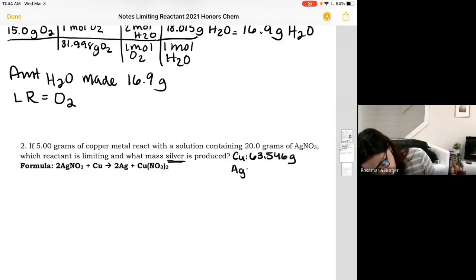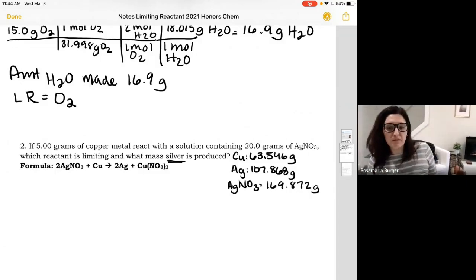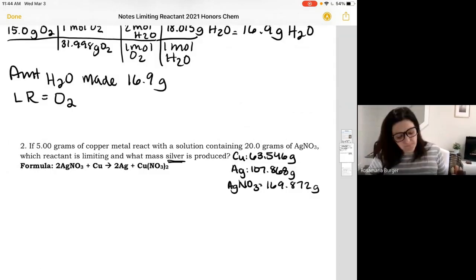Ag, silver, is 107.868 grams. And silver nitrate we need is 169.872 grams. Those are the molar masses. So I'm just providing them for you because calculating molar mass is annoying, but it needs to get done.